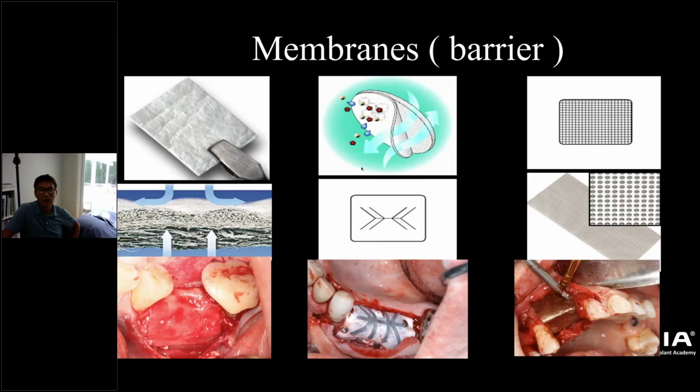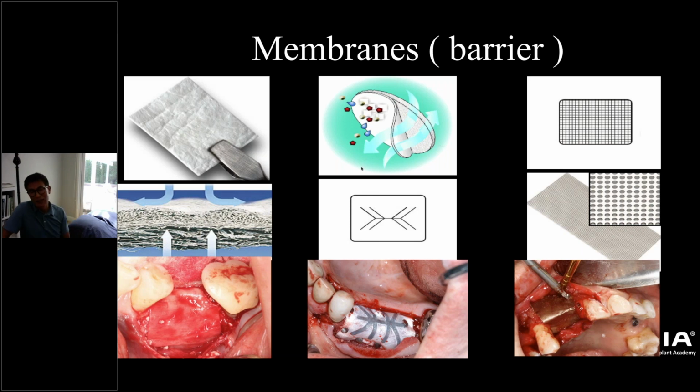So barrier membranes: there is obviously collagen, two types, either long or short term. Like collagen is short, and then BioGuide or some other membranes are long term. Some of them are 6 months, and some are much longer. How about titanium reinforced?